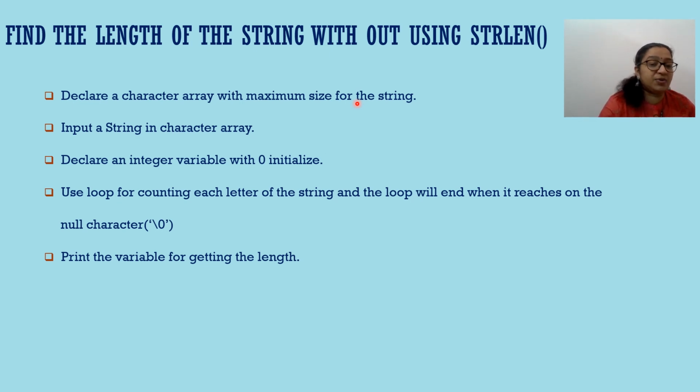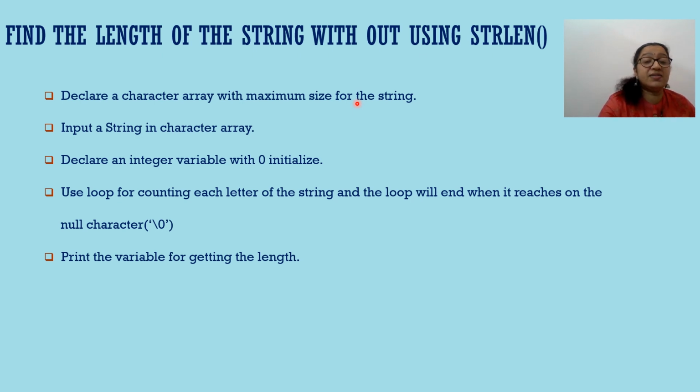Then after inputting, the third step is declare an integer variable initialized with 0. Why are we using an integer variable here? Yeah, we want to count how many letters are there. So for counting, which variable is used? Yeah, it's an integer variable.